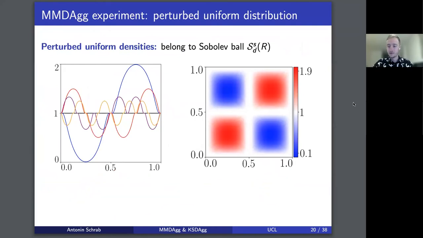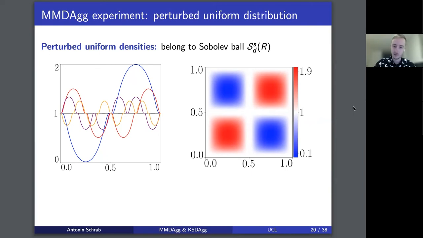All right, so for the experiments, we have this MMD experiment where we consider some perturbed uniform densities. As I showed before, those belong to the Sobolev ball. Here the blue one is just one perturbation. The red one would be 2 perturbations, and so on.